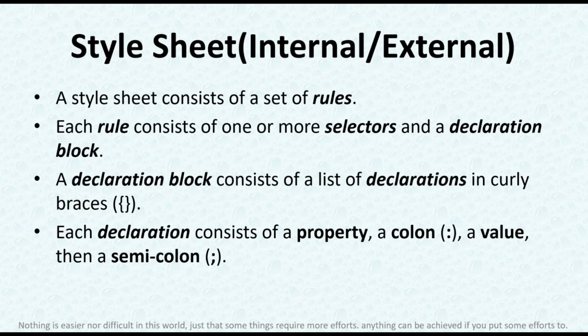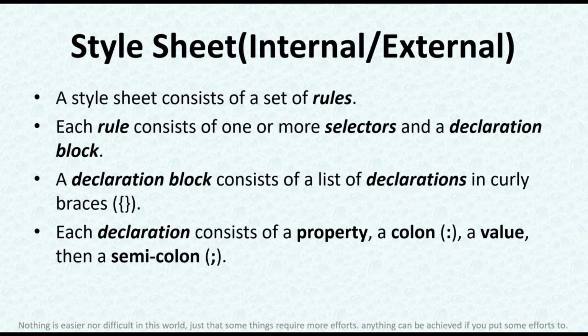Let's start using the second way of style sheet, which is called internal, and external. Style sheet consists of a set of rules. Each rule consists of one or more selectors and a declaration block.